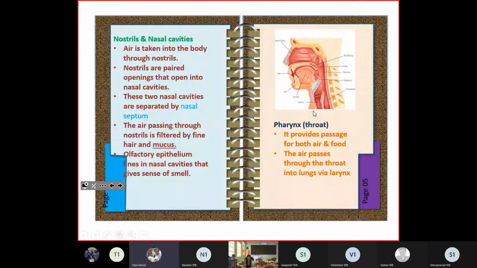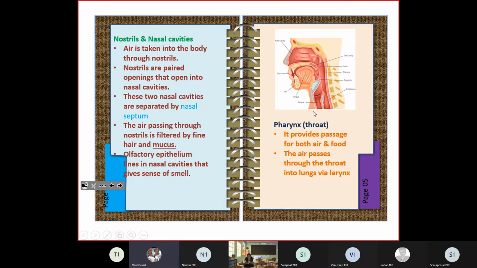Firstly, the nostrils, the two openings where the air enters into our body. Air is taken into the body through the nostrils, and the nostrils are paired openings that open into the nasal cavity. These two nasal cavities are separated by the nasal septum.